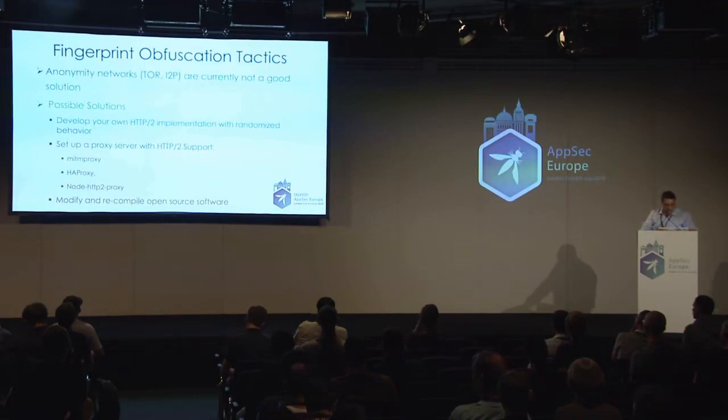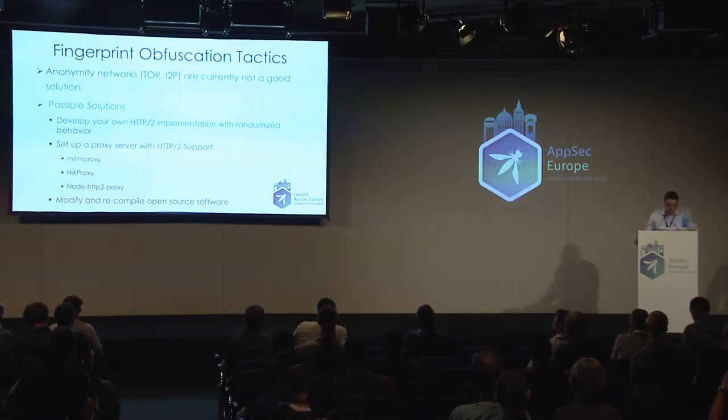But any other possible solutions are, first of all, develop your own H2 implementation. This is not as hard as it sounds, but when you are doing that, make sure that you are randomizing your behaviors. Because if I observe you as a client and I don't see any consistent behaviors, it's hard for me to distinguish you from other clients.